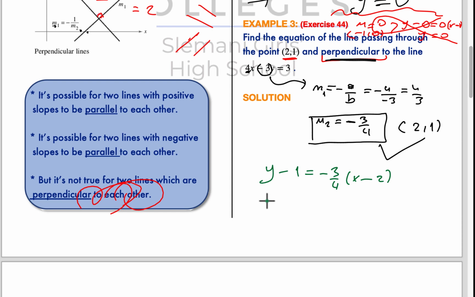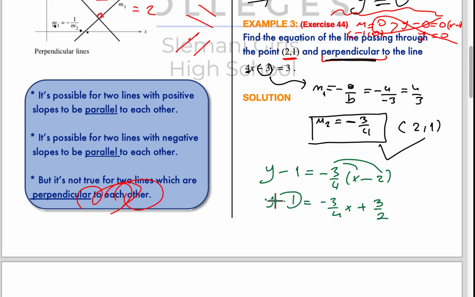Just simplify it a bit. y minus 1 equals negative 3 over 4 times the bracket. Distribute negative 3 over 4 to the bracket. Negative times negative makes positive. 3 times 2 is 6 over 4. Simplify it. It's going to be 3 over 2.